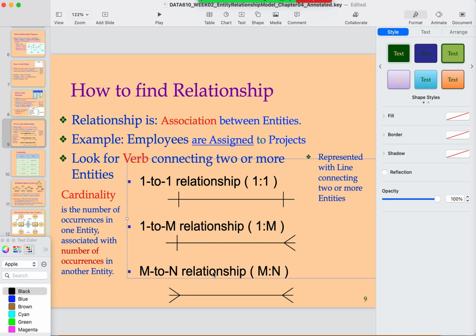Or many-to-many relationship: many employees could work on many projects. That is, one employee can have multiple projects, but one project can have multiple employees as well. So that's many-to-many relationship.